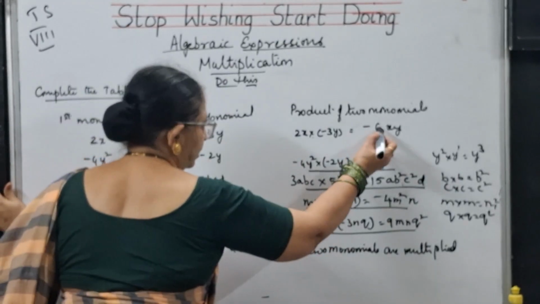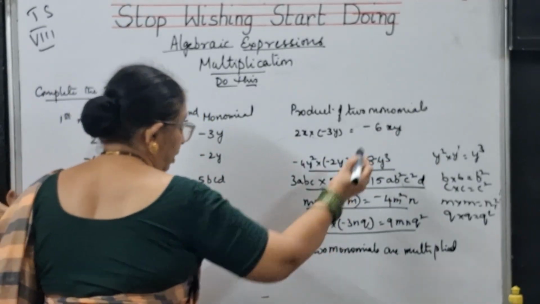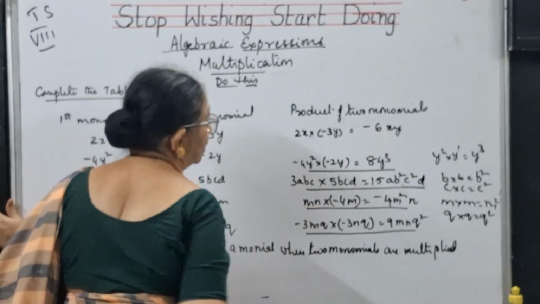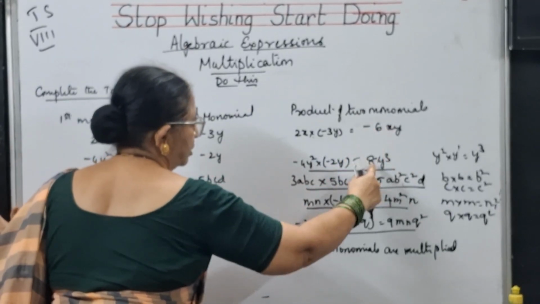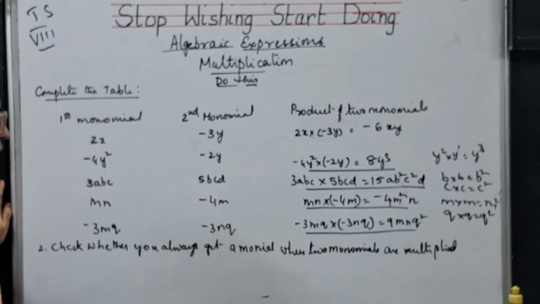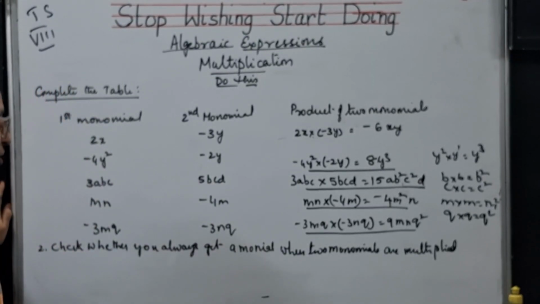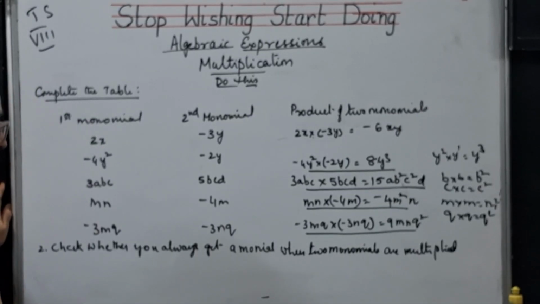All the terms given here, either a variable or a constant term, belong to a single term, because there is no minus or plus in between these terms. So when you multiply two monomials, you get the product also a monomial. So check whether we always get a monomial when two monomials are multiplied.